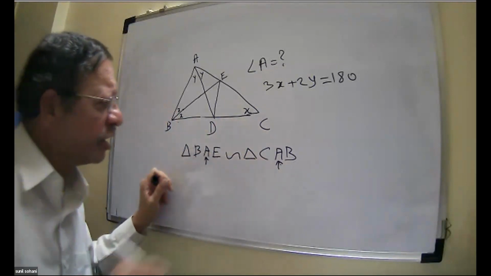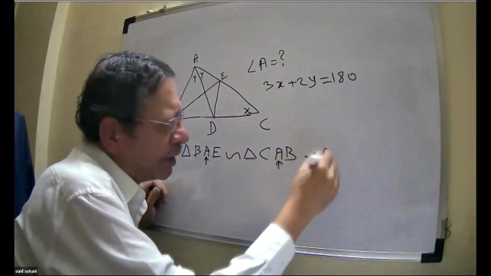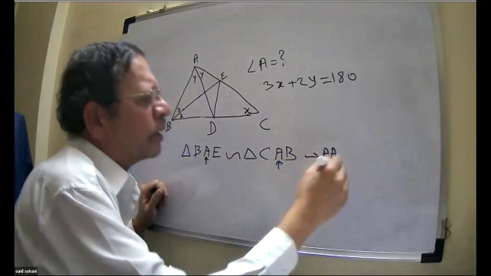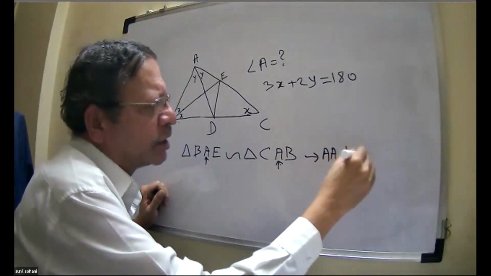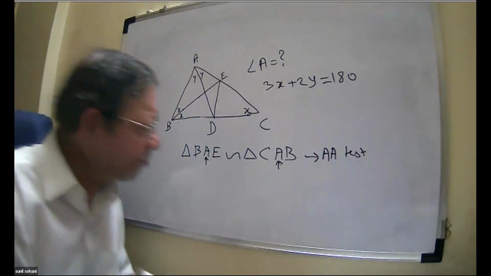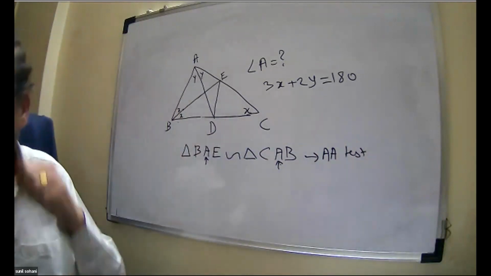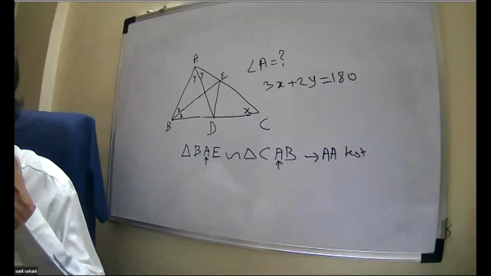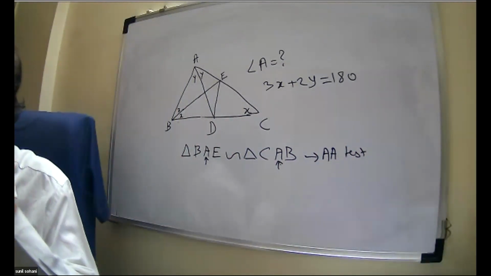Therefore, by the angle theorem, not SS, the AA test, the triangles are similar. Sorry, your voice is very low. So if I use headphones, it will be better, maybe.